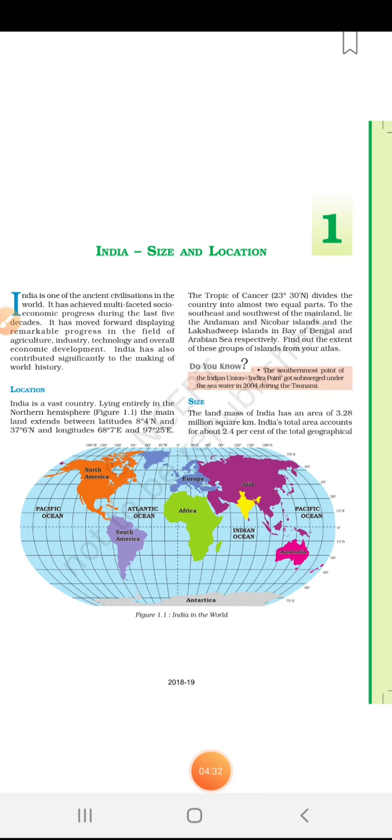So, what are latitudes? Latitude is the angular distance of a place north or south of the equator. Suppose I say that Mumbai is at 19 degrees north. This means Mumbai is 19 degrees north of the equator.